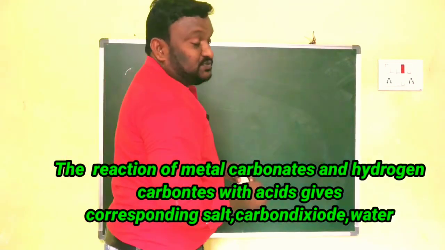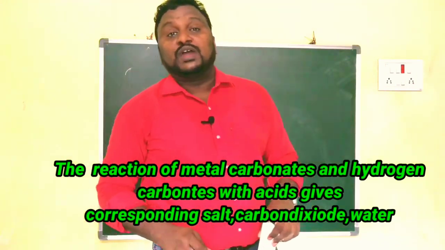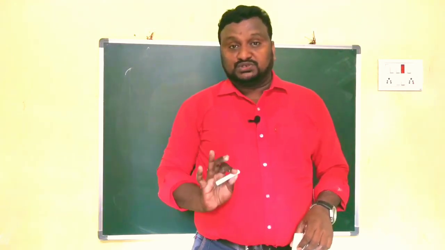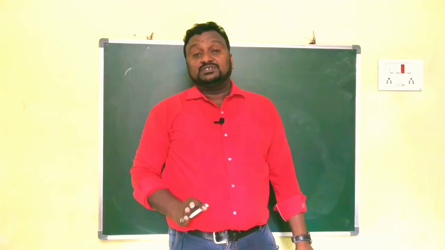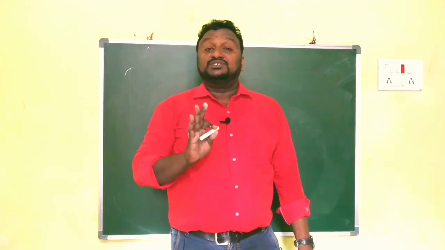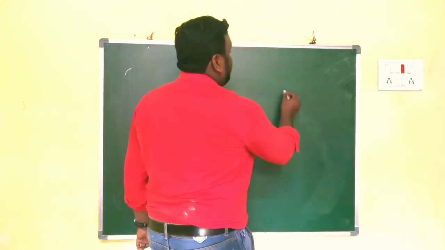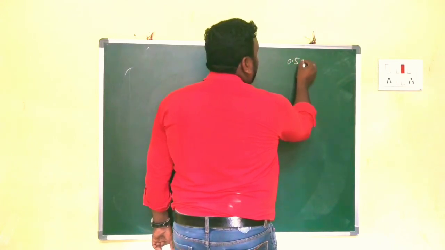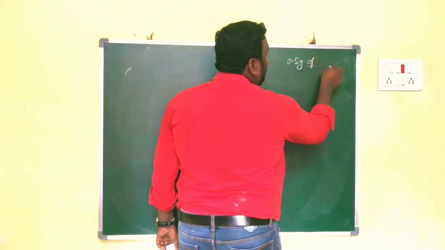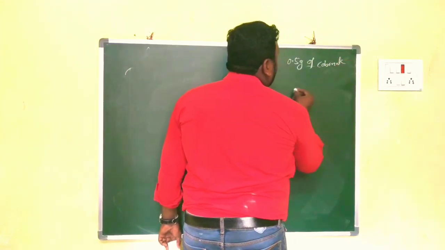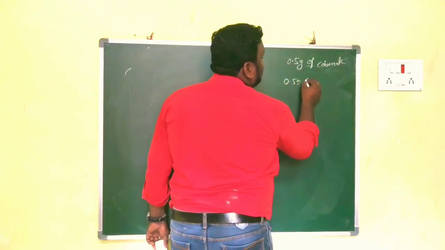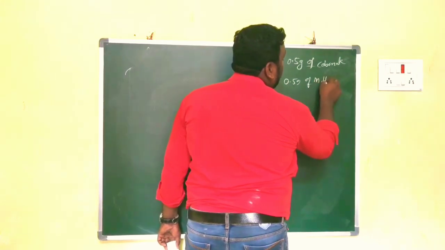So children, for the activity, first we have to take two test tubes. In the test tubes, we have to take 0.5 grams of carbonate in the first test tube, and in the next one 0.5 grams of metal hydrogen carbonate.